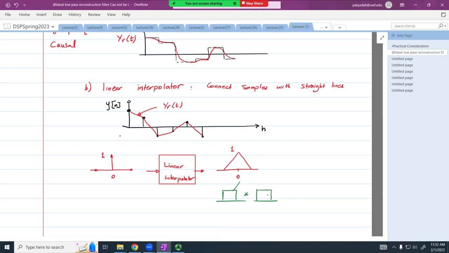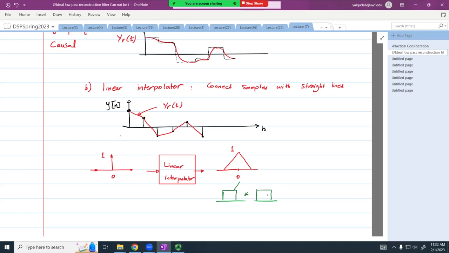What I want to do is see what this looks like in the frequency domain. I do not know the spectrum of this triangle, but I know the spectrum of the rect. What is the spectrum of the rect? A sinc. Convolution in the time domain is going to be multiplication in the frequency domain. So what is the spectrum of this triangle?